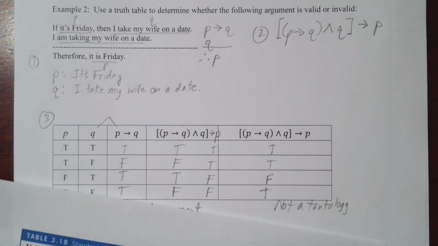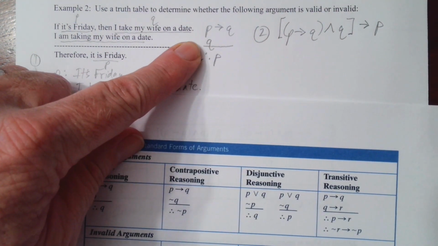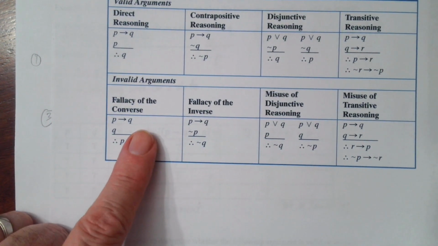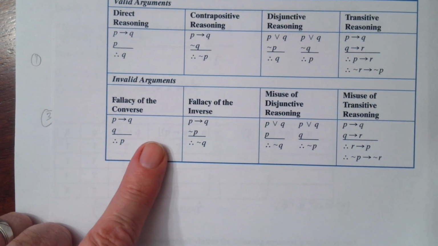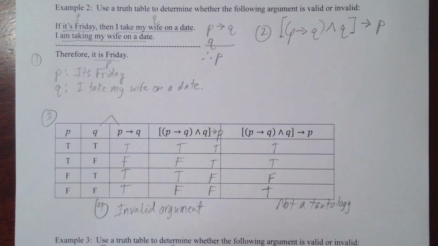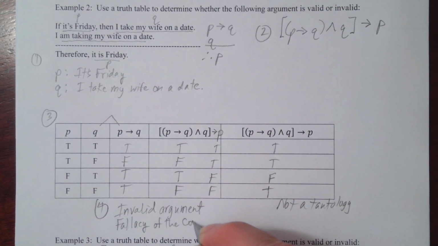So let's see, we had P implies Q and Q as premises, and then not P. So that was this case here. So this is an invalid argument by the fallacy of the converse. So let me just get myself organized here. Fallacy of the converse.